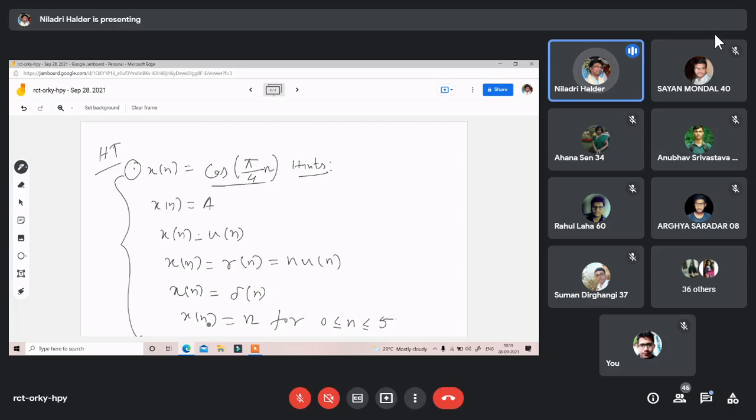For this problem, in some cases you will see an infinite sum of a cosine function, cosine of some values.